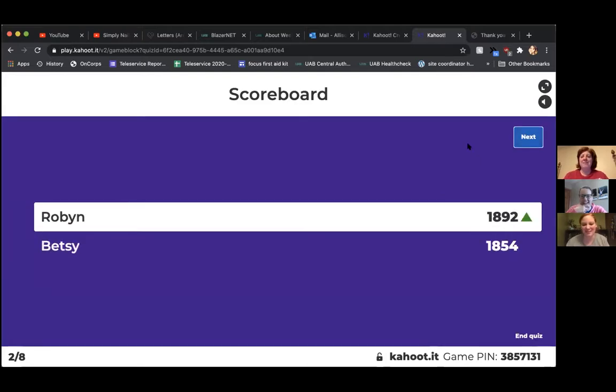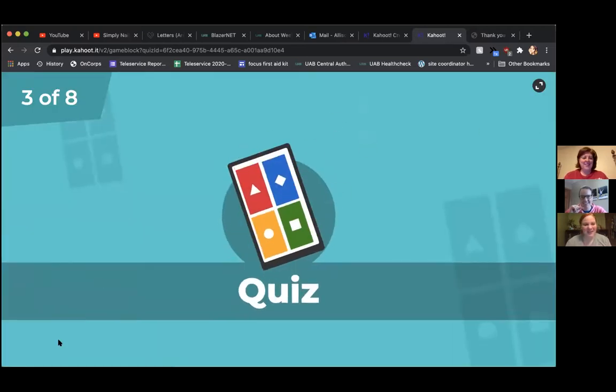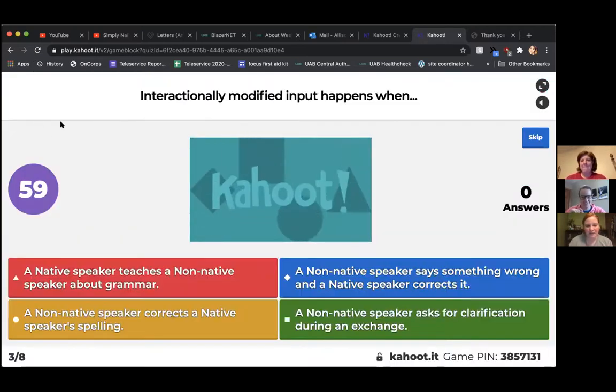Alrighty. Interactionality modified input happens when a native speaker teaches non-native speaker about grammar, a non-native speaker says something wrong and a native speaker corrects it, a non-native speaker corrects a native speaker's spelling, or a non-native speaker asks for clarification during an exchange.